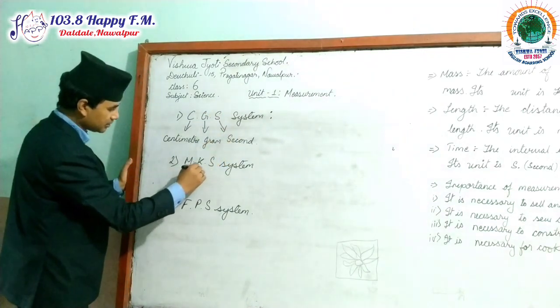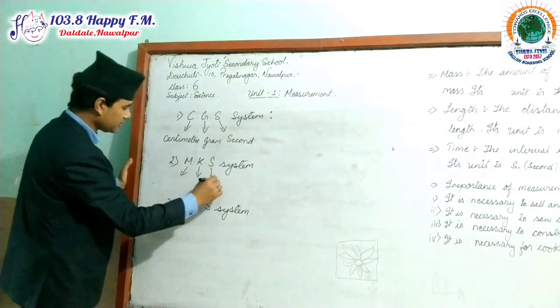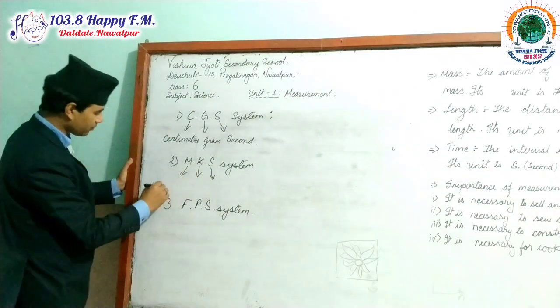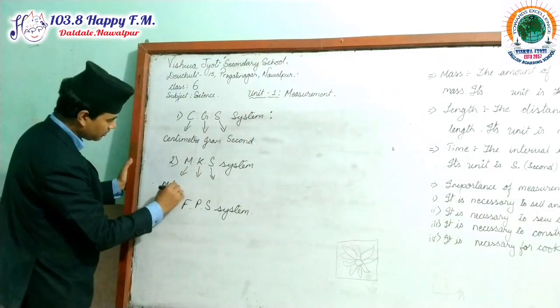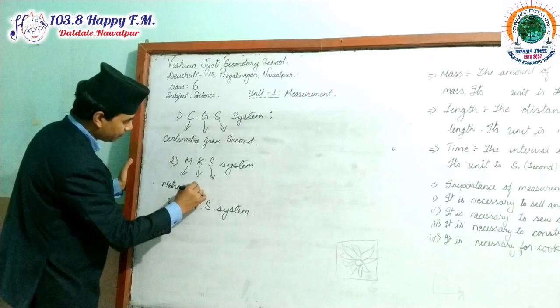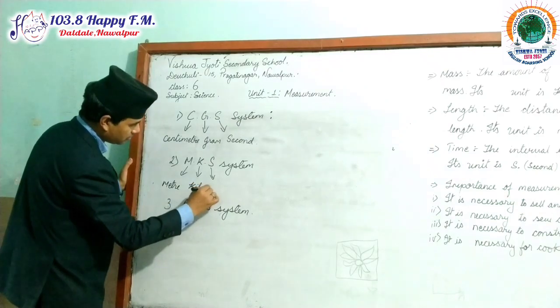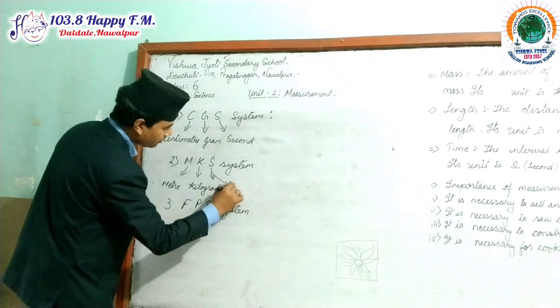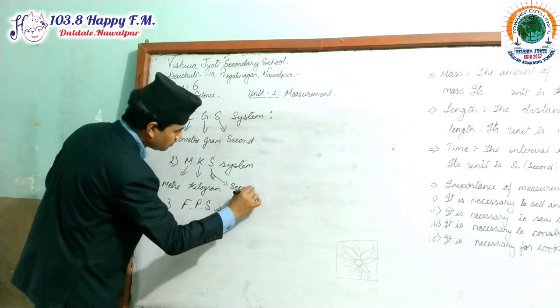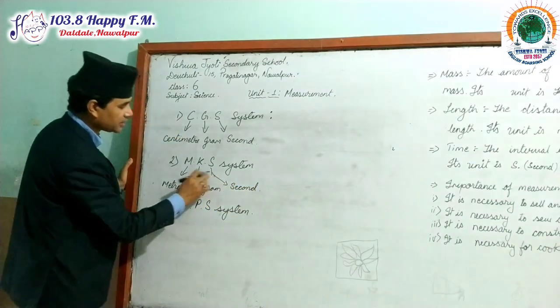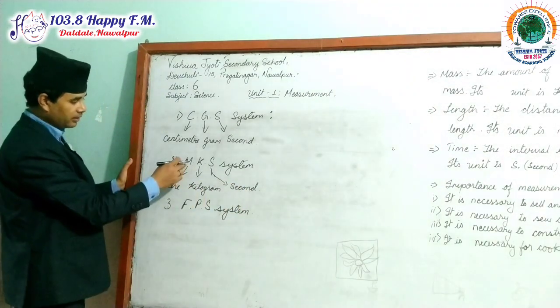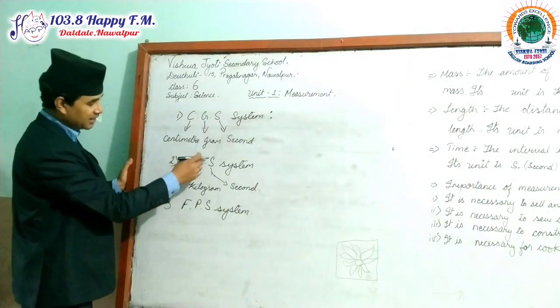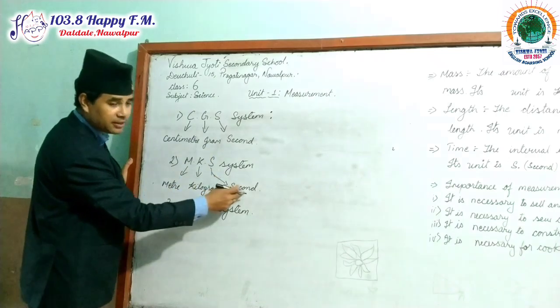Here MKS system. MKS system stands for meter, kilogram, and S stands for second. Here length is measured in meter, mass is measured in kilogram, and time is measured in second.